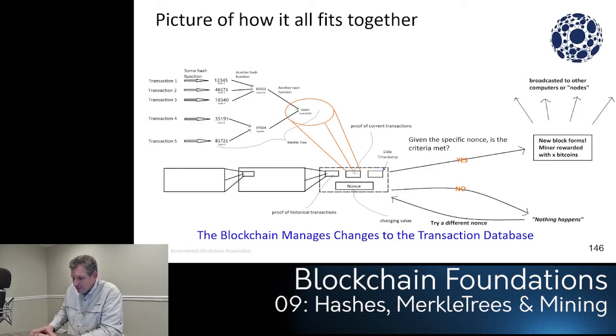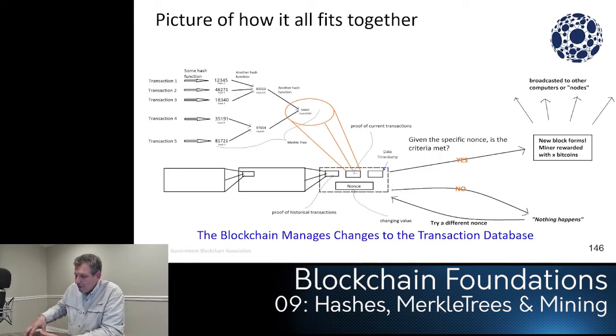Now you're asking, how do you adjust the difficulty level? If it's based on everyone guessing and checking, and they have to get 4 zeros, then how do you make it easier or harder? Well, the number of leading zeros is what determines how difficult or easy it is. So if it's taking longer than 10 minutes, then the protocol would automatically make the guessing easier, by making it, instead of 4 zeros, 3 zeros.